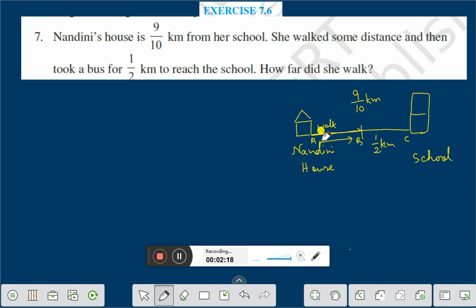How will you find it? You have to subtract half kilometer from 9 by 10 kilometer, right? That means AC is 9 by 10 kilometer, BC is 1 by 2 kilometer, and we have to find AB. That means AC minus BC.